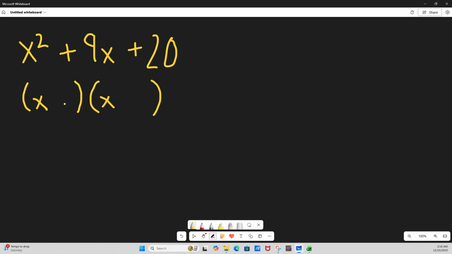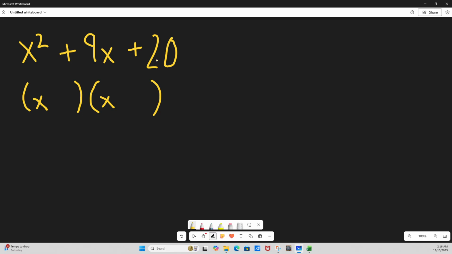You're going to have x and then either plus or minus some term, x plus or minus some term here. To find what these numbers would be, if you're not using the quadratic equation, if you're just doing factoring, they have to add up to this number, and when multiplied, they have to equal this number.